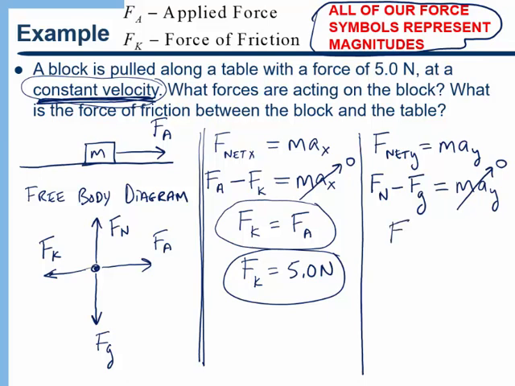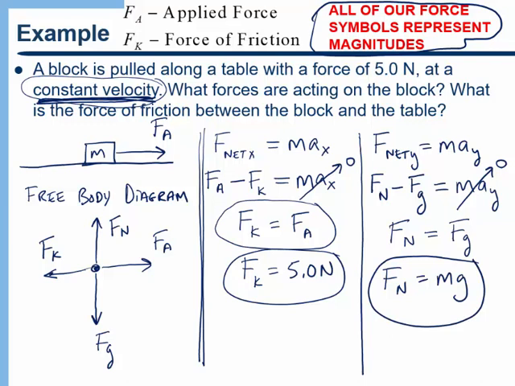And in this case, then what I learn is that the normal force and the force of gravity have the same magnitude. Or the normal force would just be equal to mg, since remember that's what the force of gravity is equal to. Notice, because this object is moving with constant velocity, the net force has to be 0. And so that means both the net force in the x direction and the y direction are 0.